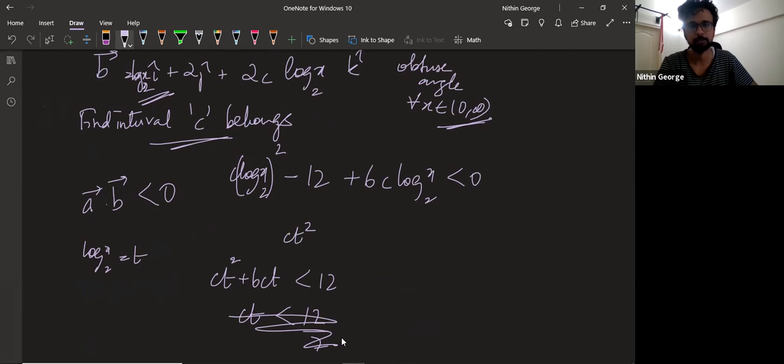So I get ct squared plus 6ct minus 12 less than 0. Guys, can you solve the remaining?